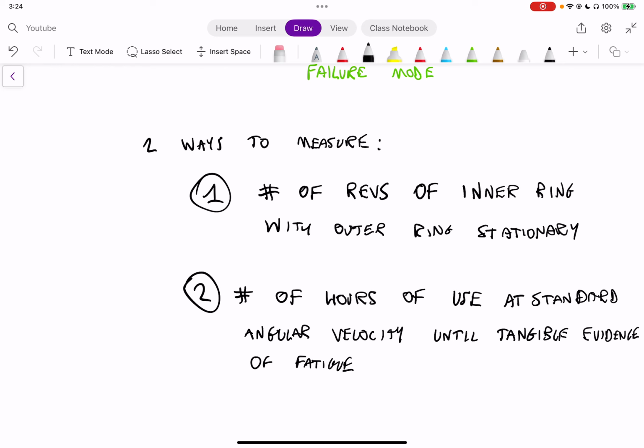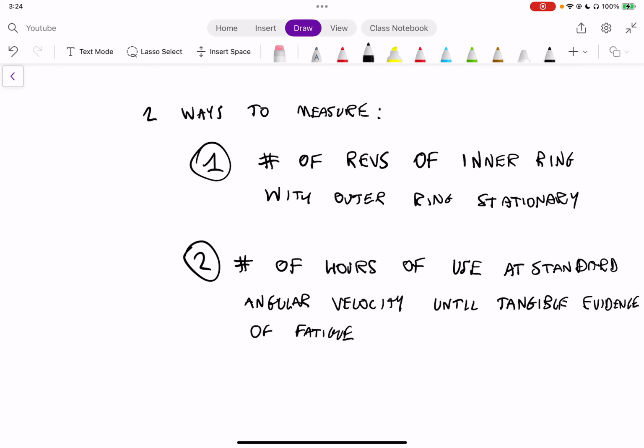So what we mean is, essentially, in order to measure bearing life, the actual operational life of a bearing, we can state it in two different ways, and we're going to run the bearing until it basically fails, or you can see tangible evidence of fatigue.